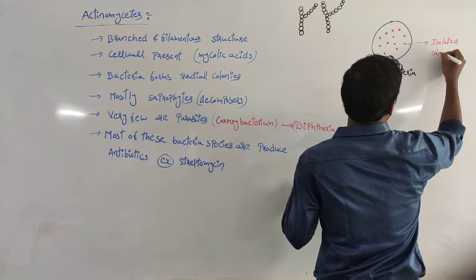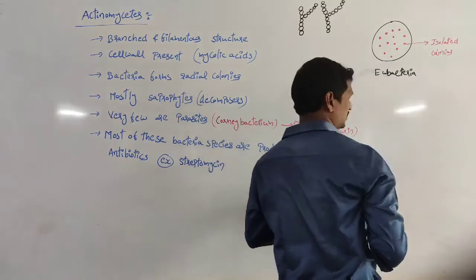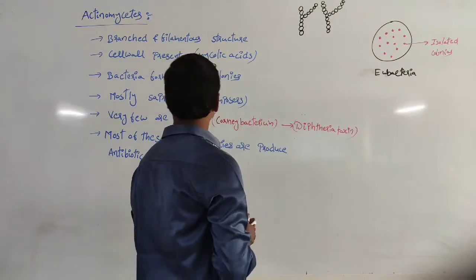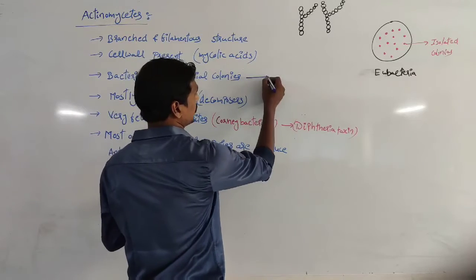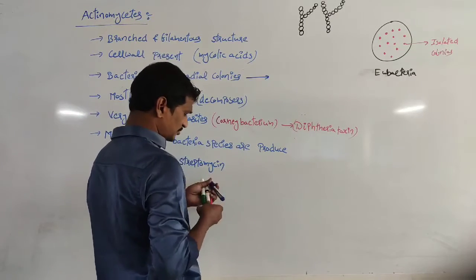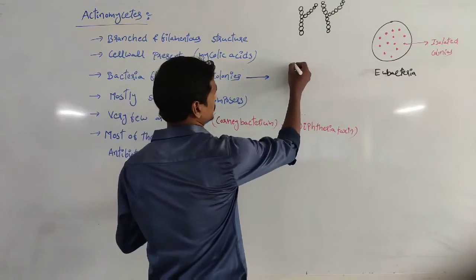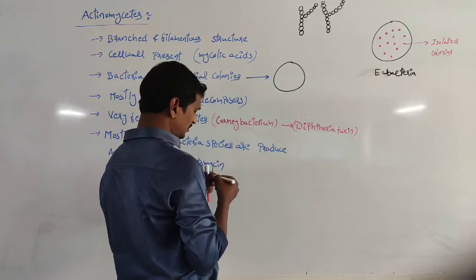Coming to the actinomycetes species, here colonies are produced, but these colonies are radial colonies.